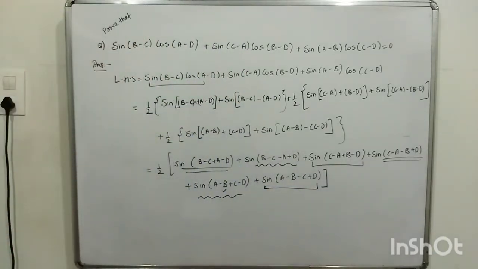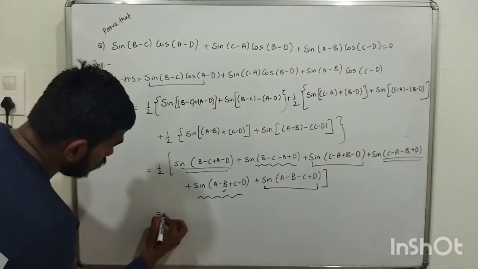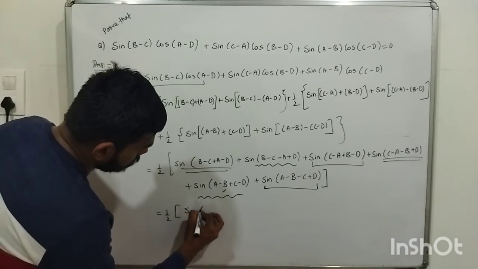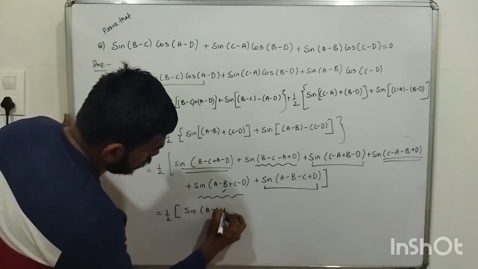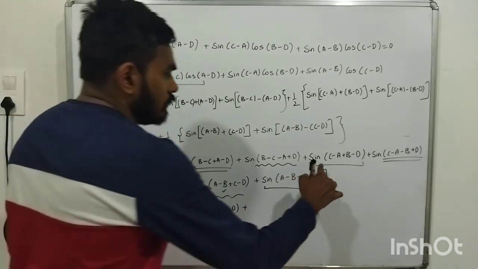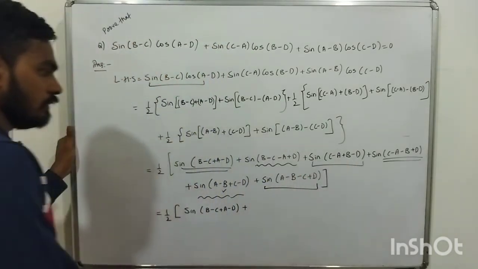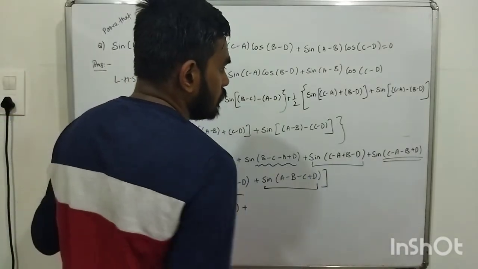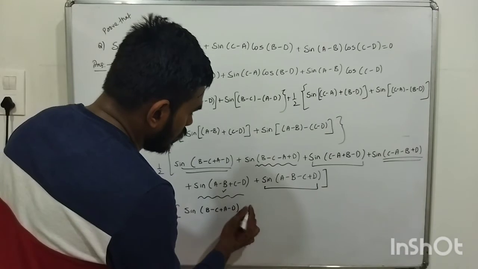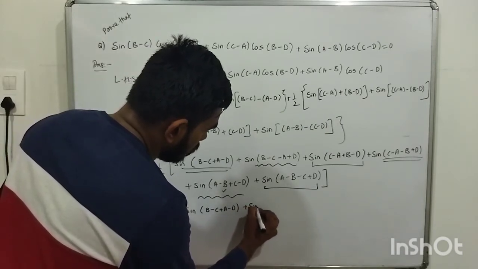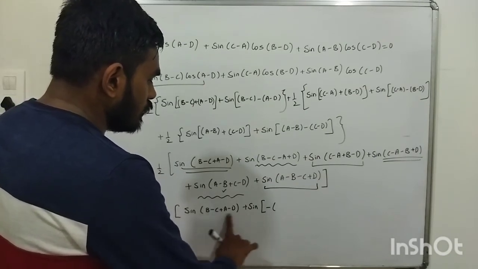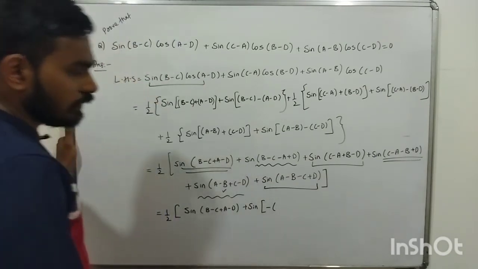We identified those negatives. So we can write like this, see. Sin B plus C, B minus C plus A minus D, okay? And this, C minus A, sorry, this and this, C minus A minus B plus D. So we can take minus sign common out here, and same thing we can write, correct?